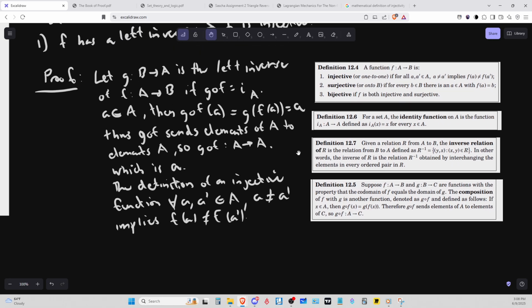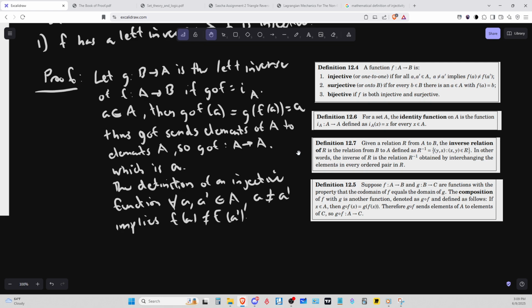Let g from B to A be the left inverse of f from A to B if the composite function g of f is the identity function of A. If a is an element of A, then it is equal to a, thus sending the elements of A to the elements of A. Okay, by this definition we actually have to prove that a is not equal to a prime.